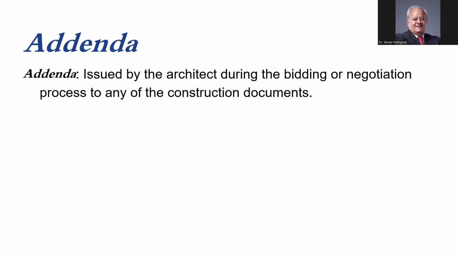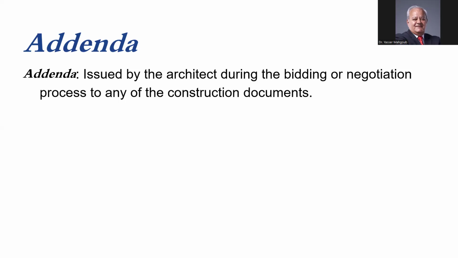During the bidding, sometimes or many times, the client changes his or her mind. They ask for something new, or they want to remove something from the project. These changes are very common. So during the bidding, you can ask the contractors to change something in the contract documents, in the drawings or the specs.